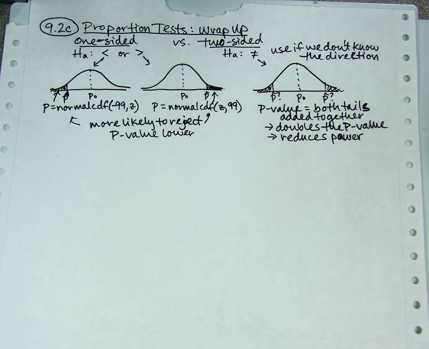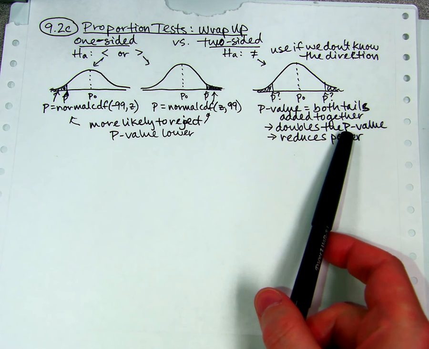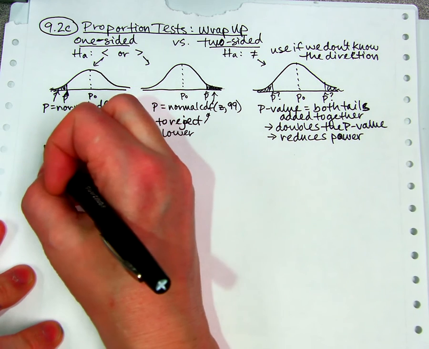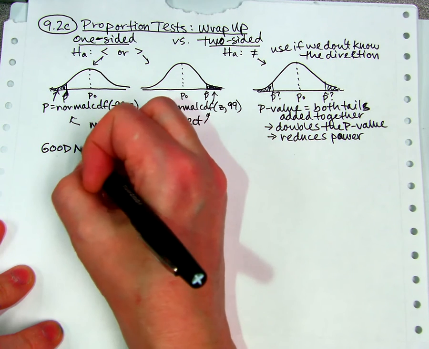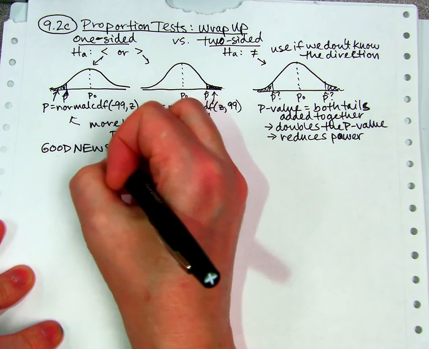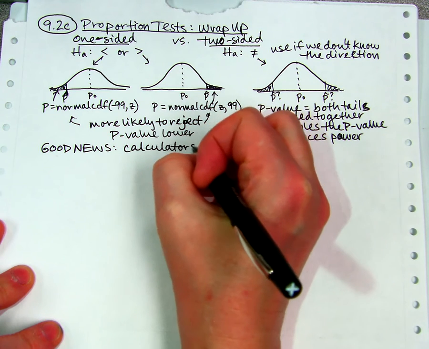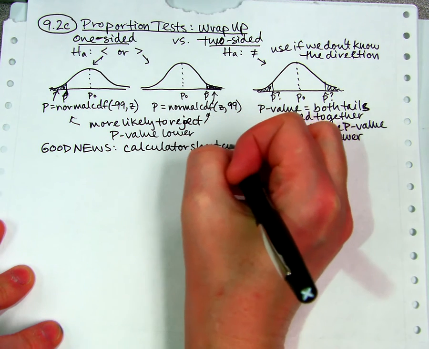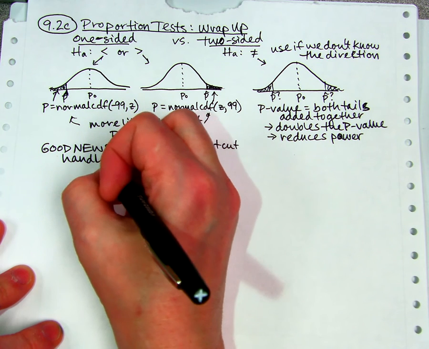The good news is you don't usually have to worry about this doubling the P-value thing, because if you're using the calculator shortcut, it does it for you. And I don't think I told you the calculator shortcut yet, so let's do that. It handles the doubling automatically.